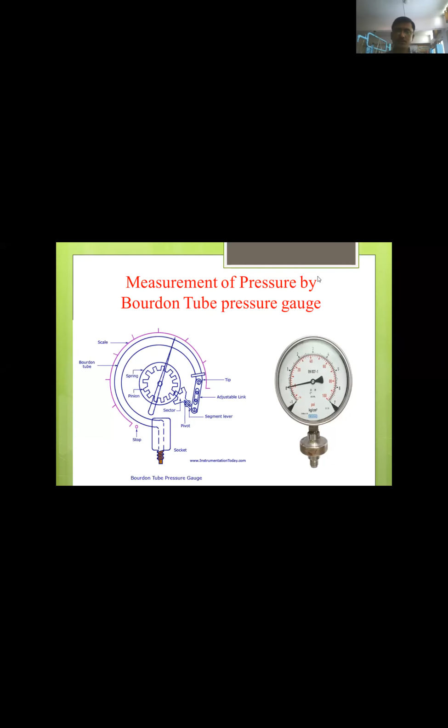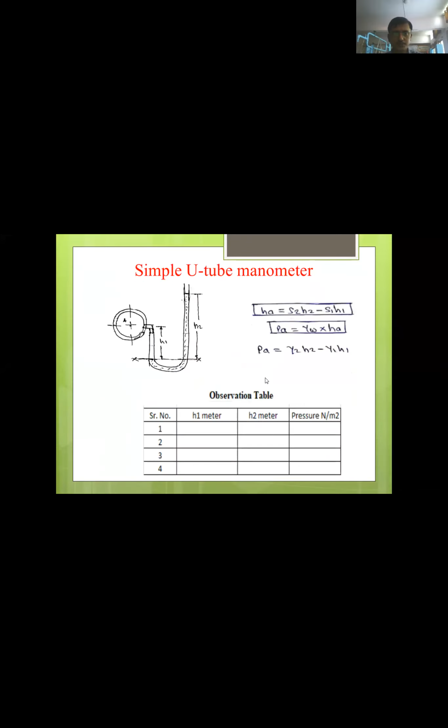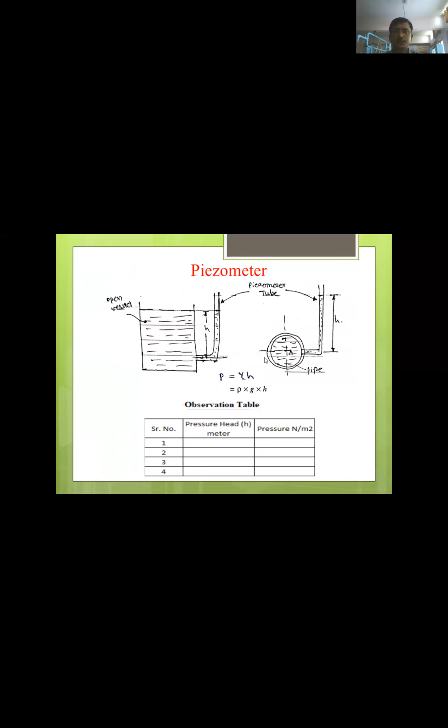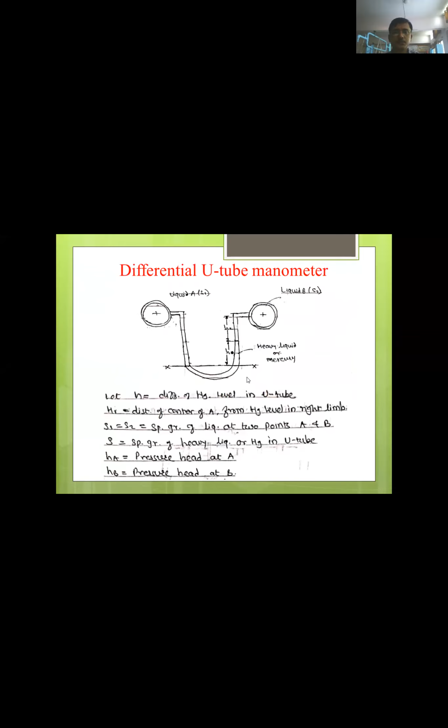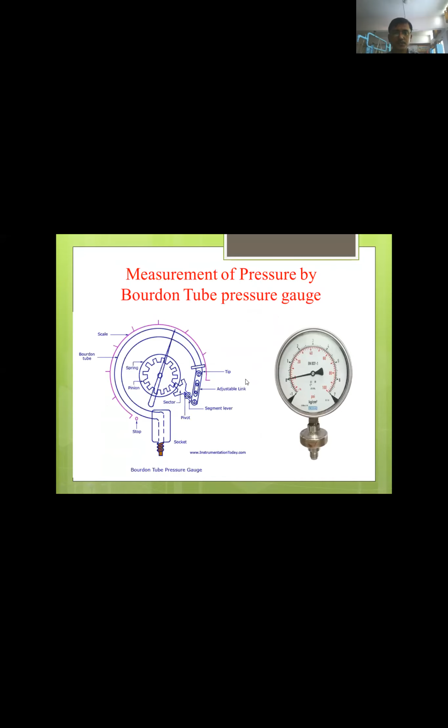So till now we have seen how to measure the pressure and pressure difference with the help of a piezometer. Then with the help of a simple tube manometer, how to measure the pressure, and with the help of a differential tube manometer, how to measure the pressure difference, we have seen here. And the next one is the measurement of pressure by Bourdon tube pressure gauge, how to measure the pressure with the help of different gauges.